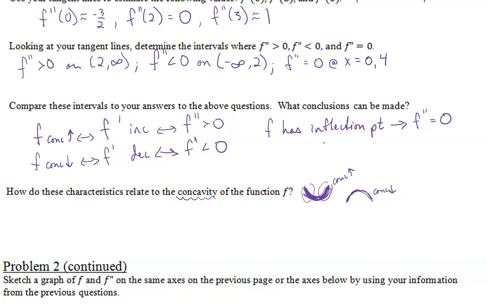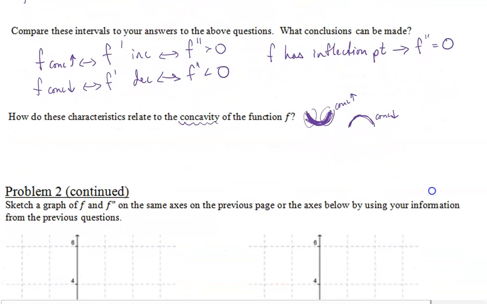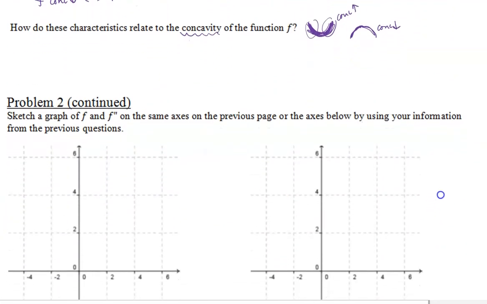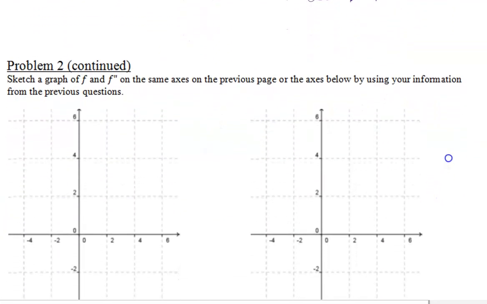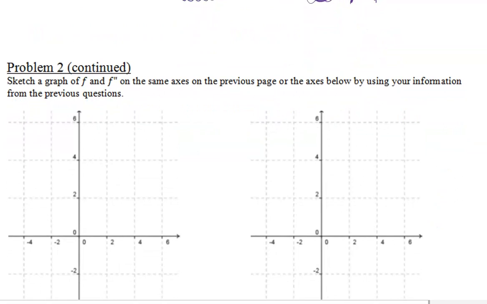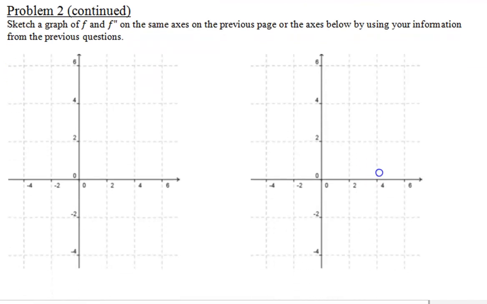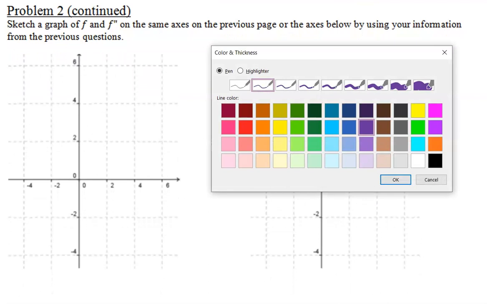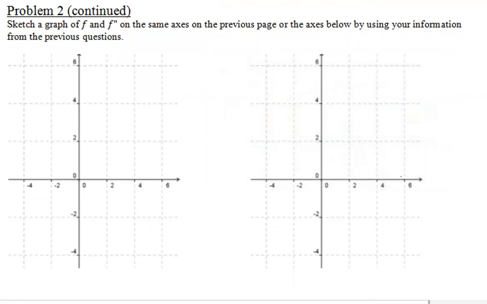Okay, so continuing this problem, it's the same one. We want to sketch a graph of f and a graph of f double prime on the same axes on the previous page or on these, okay? I'm going to start by recopying that graph of f prime on here, just so that I can see that one on top of the others. So that one is a parabola with a vertex here, and so something kind of like this.